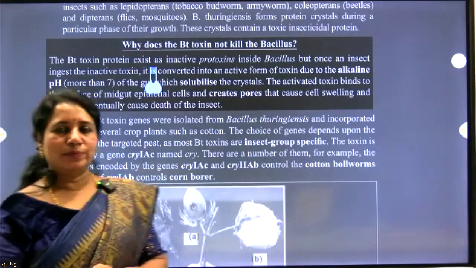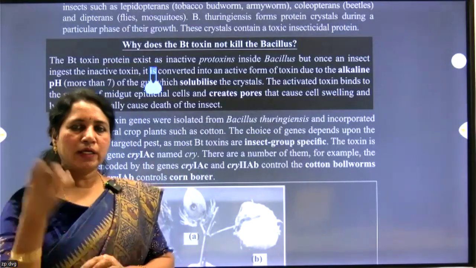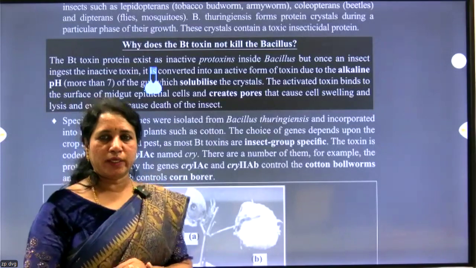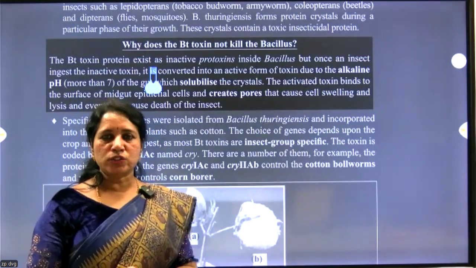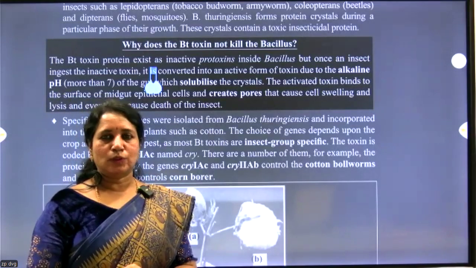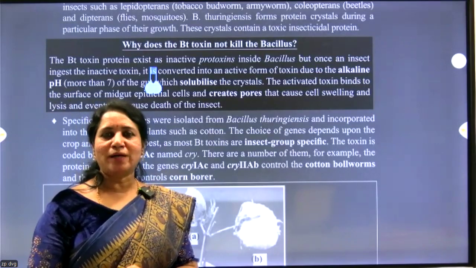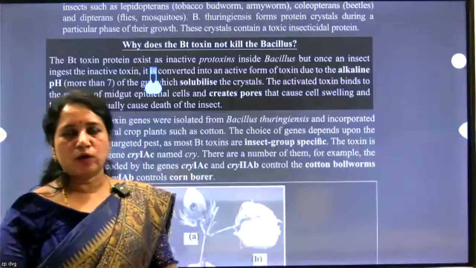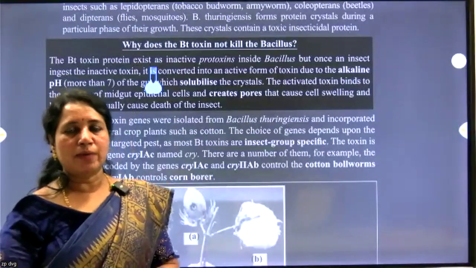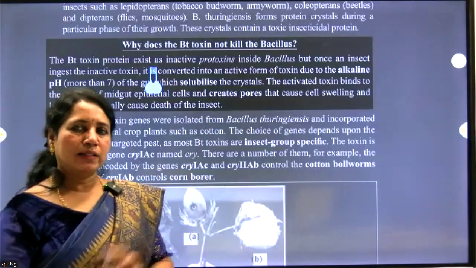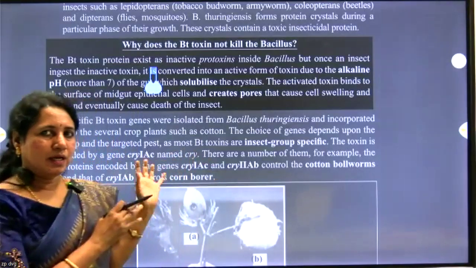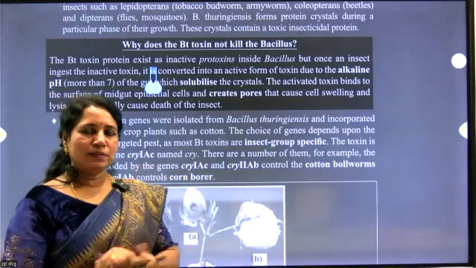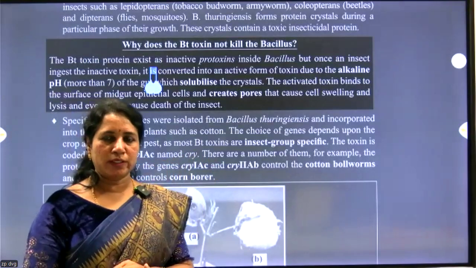These genes are incorporated into the plant body using a cloning vector, Agrobacterium tumefaciens, in such a way that the plants secrete these crystal proteins.